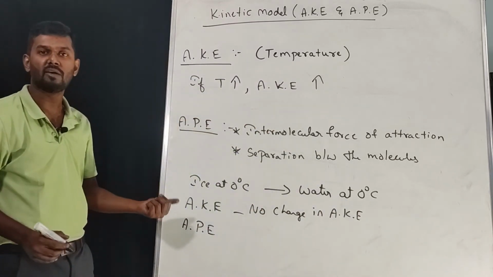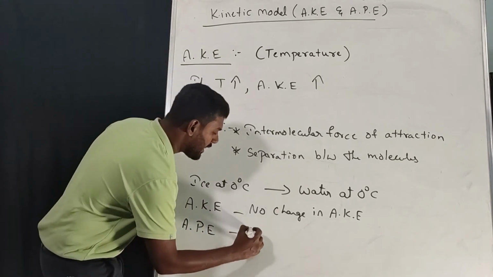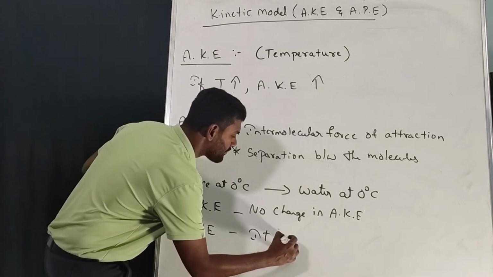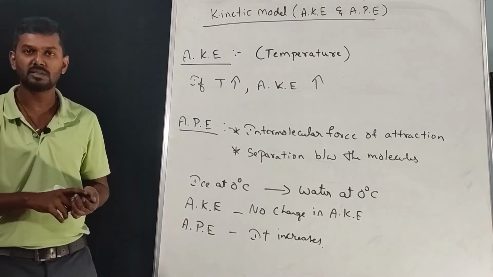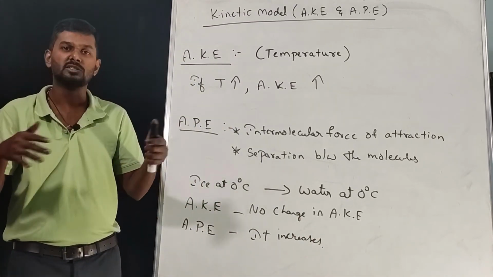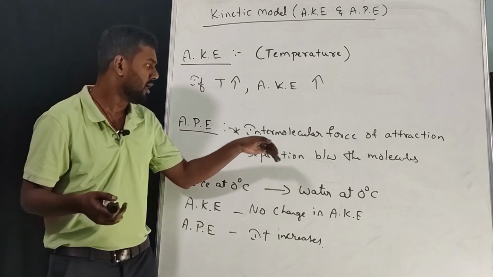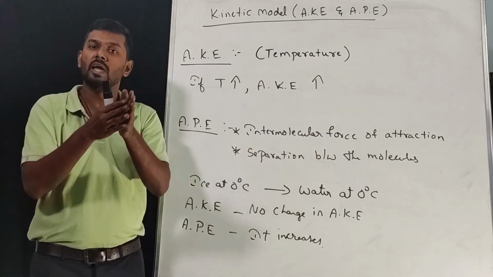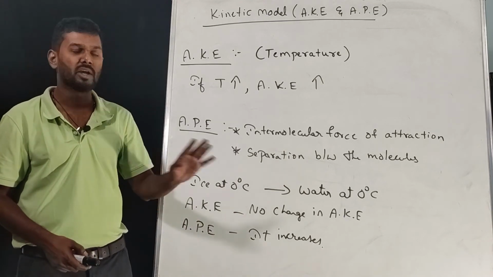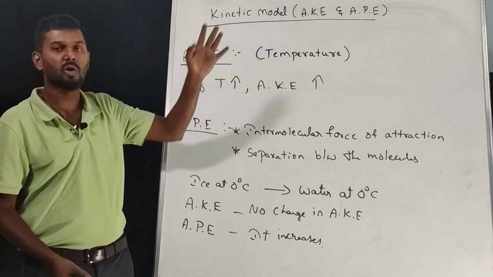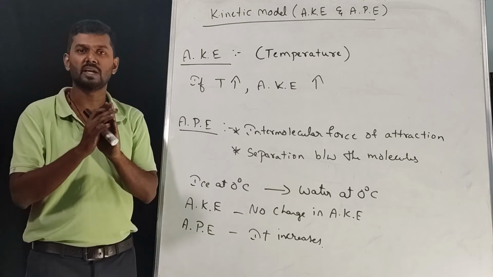But when it comes to average potential energy, it increases. Why? Because when you start melting the ice, the volume increases. Instead of using the word volume, the separation between the molecules increases. So the average potential energy also increases. This is about the kinetic model. If you know this much, that is enough.